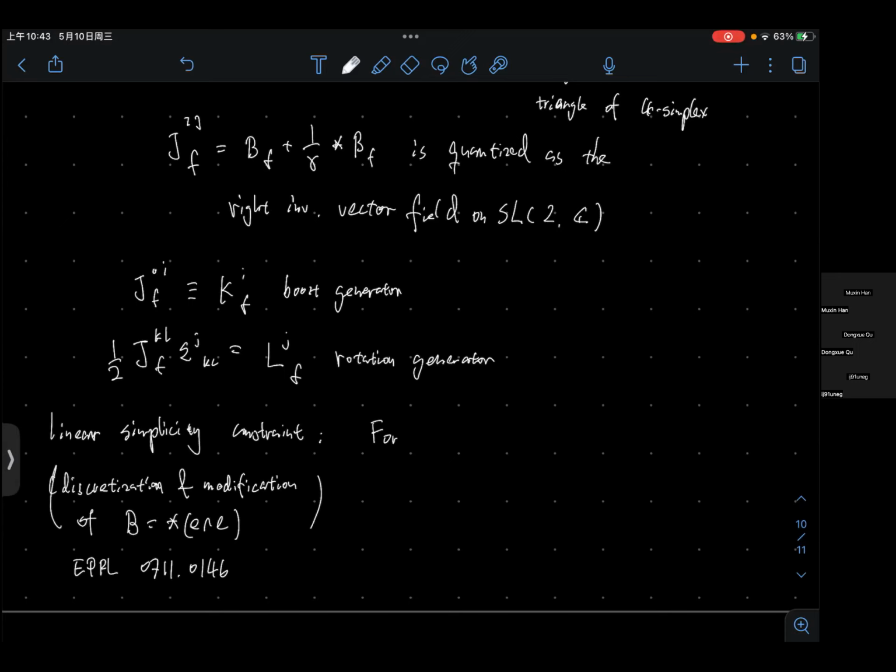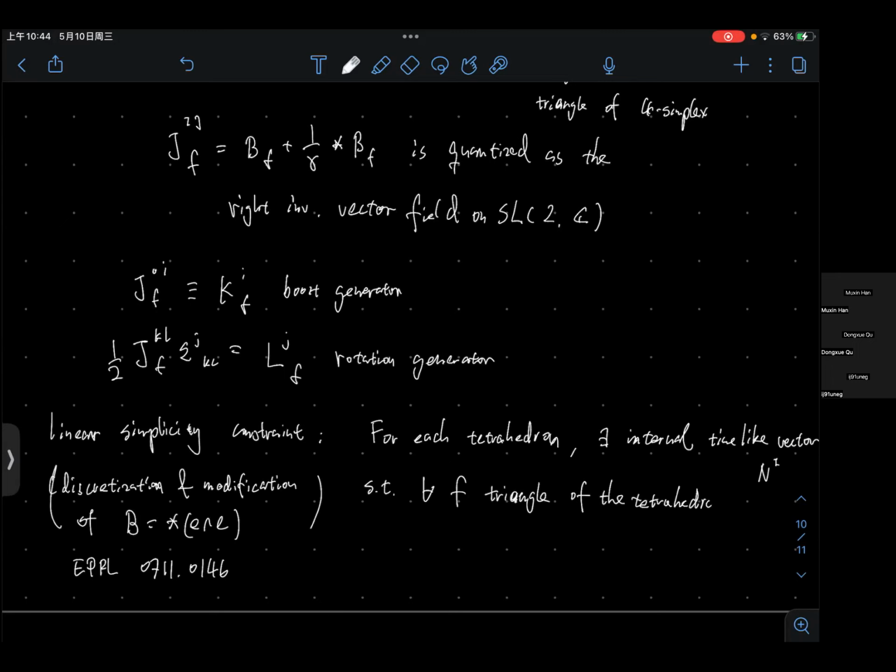It states that for each boundary tetrahedron, there exists an internal time-like vector, I call it N_i, such that for any face, for any triangle of the tetrahedron, all the B fields, all the star B fields should be orthogonal to this time-like vector.